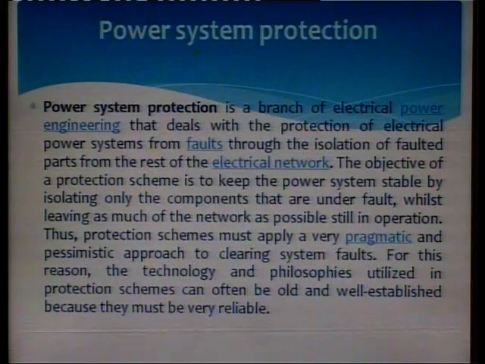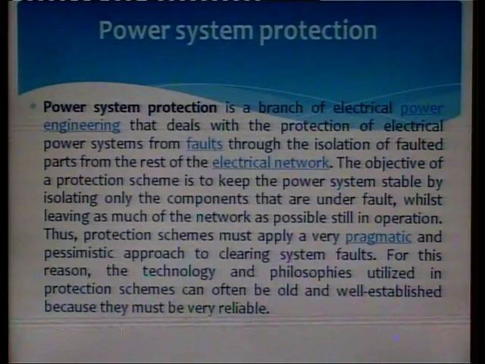Thus, the protection schemes must apply a very pragmatic and pessimistic approach to clearing system faults. For this reason, the technology and philosophies utilized in protection schemes can often be old and well established, because they must be very reliable.